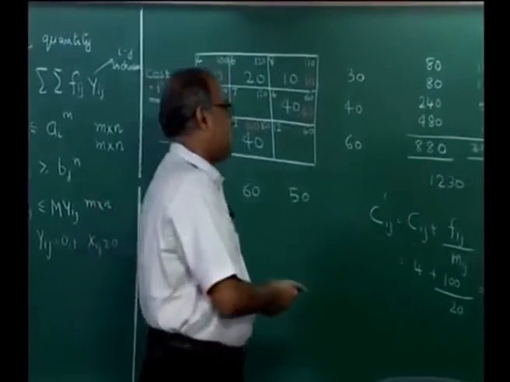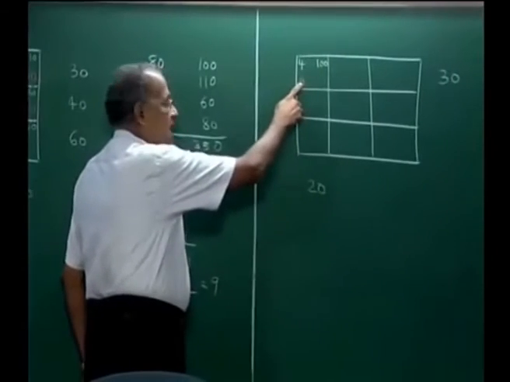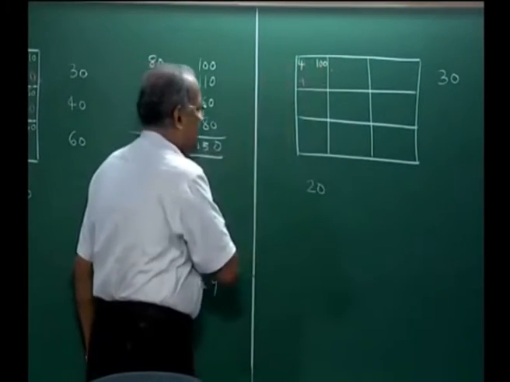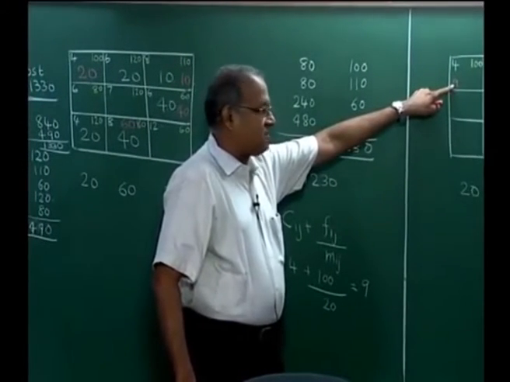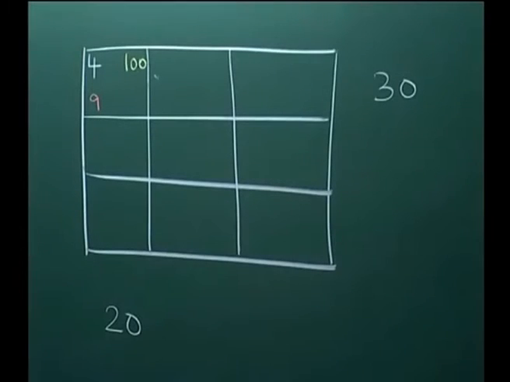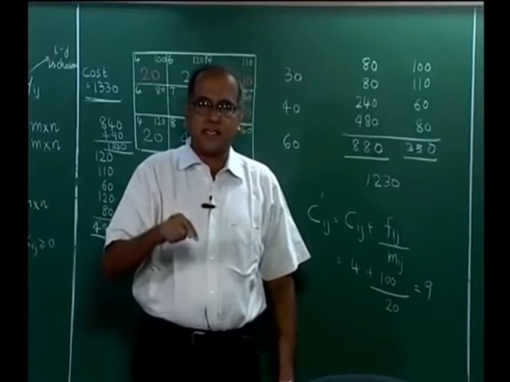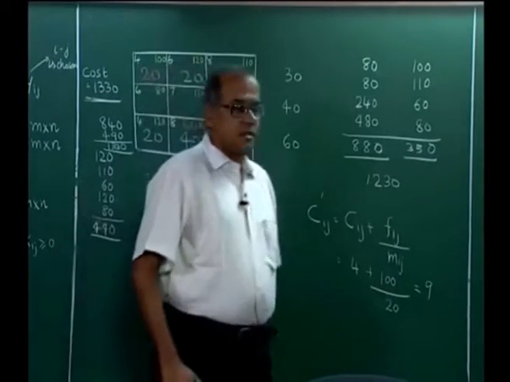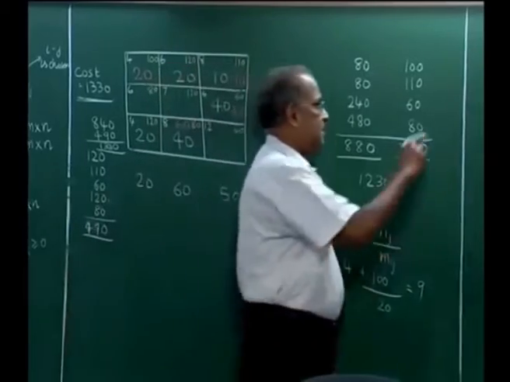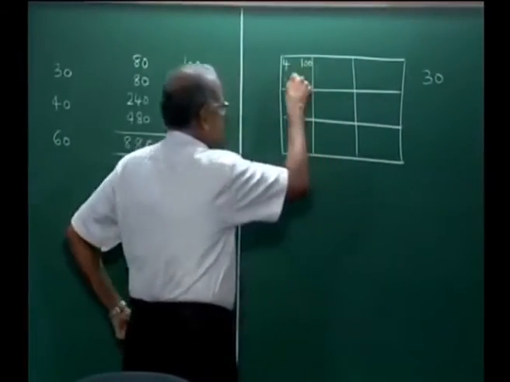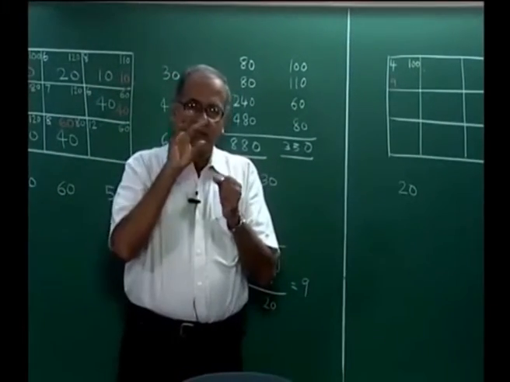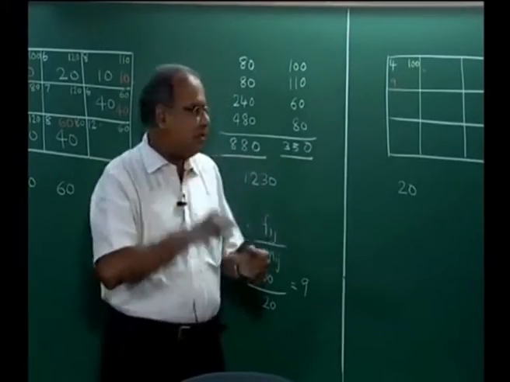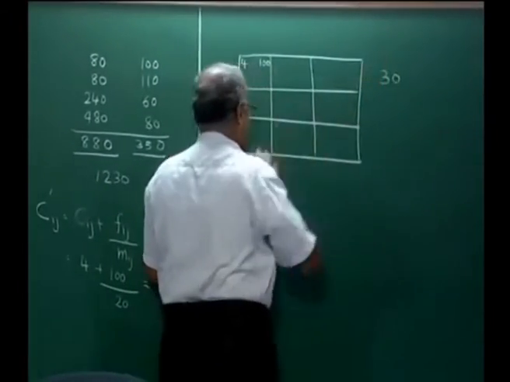Like this we can calculate this number which captures both Cij as well as Fij, to get a new number called C dash ij, which could represent some kind of an equivalent cost considering both the Cijs and the Fijs. The motivation comes from the fact that if we are going to use this fixed charge to transport, we are incurring an additional charge of 100. This additional charge of 100 is used in transporting from this to this.